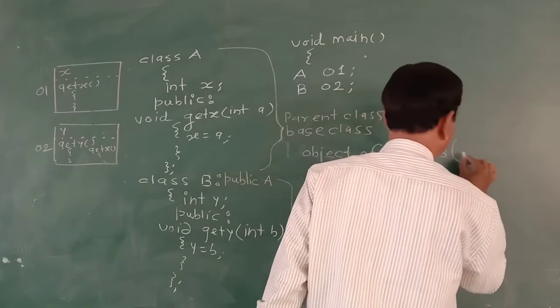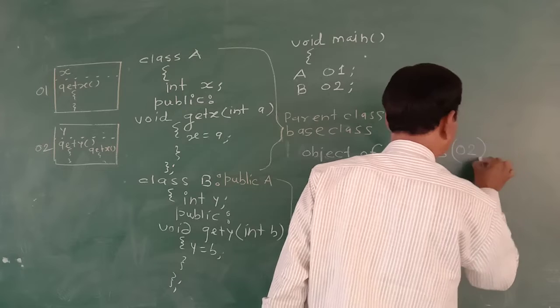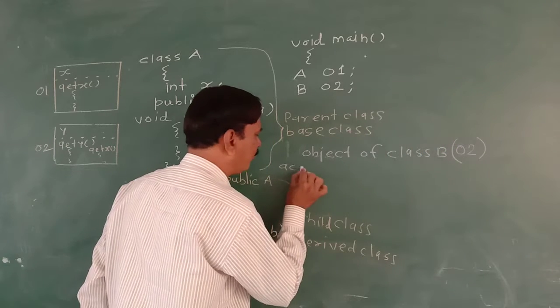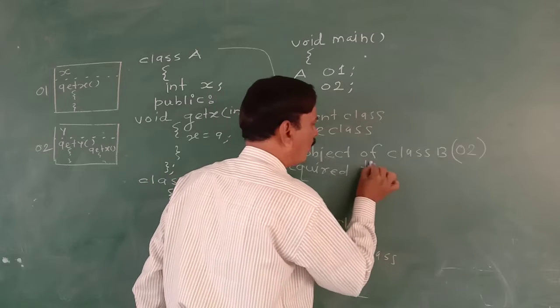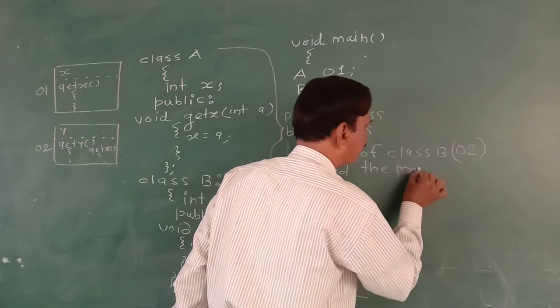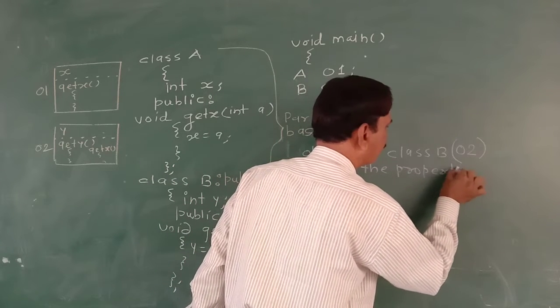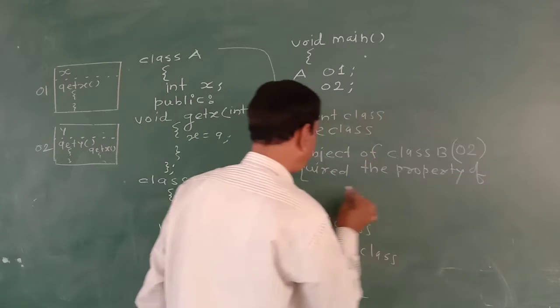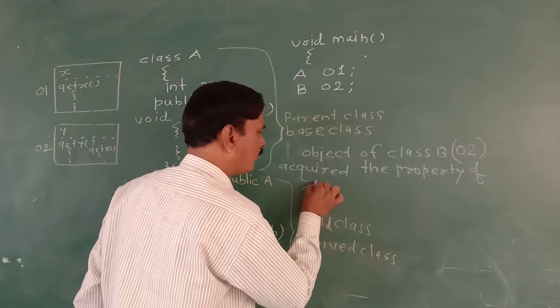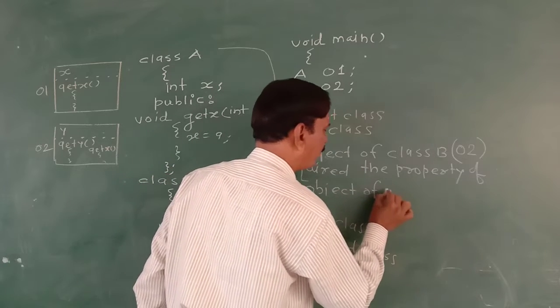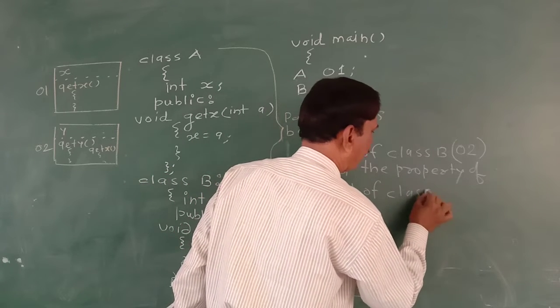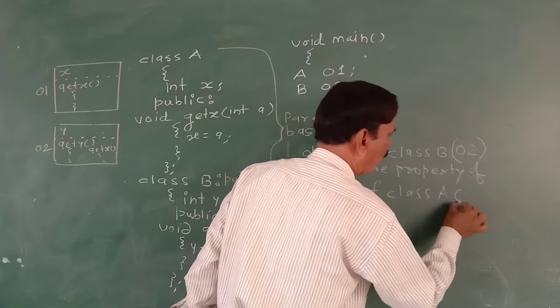O2, acquires the property of the object of class A. Who is that?